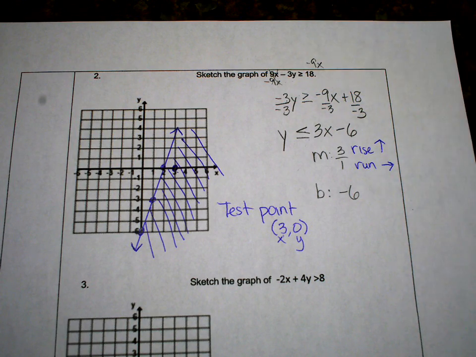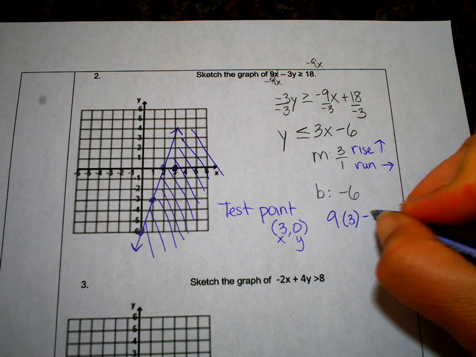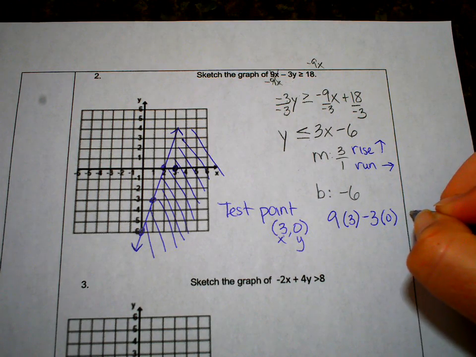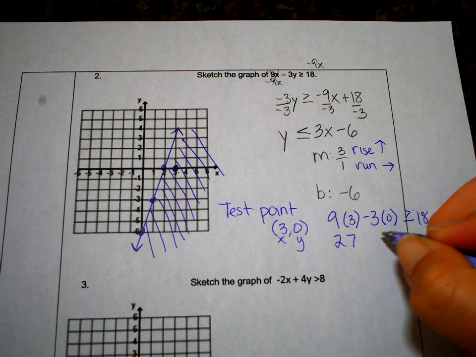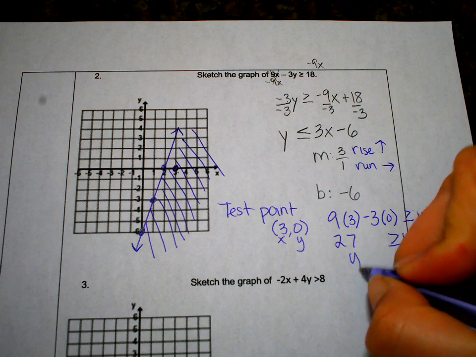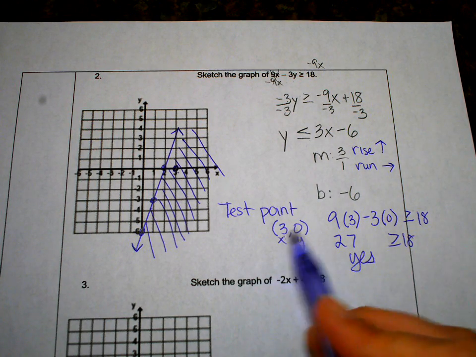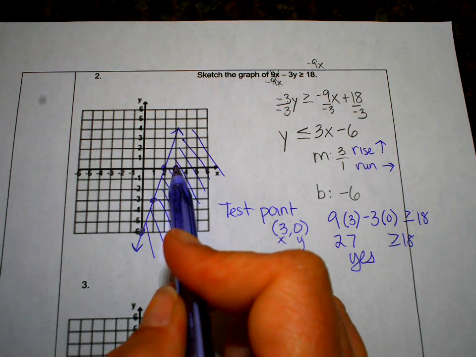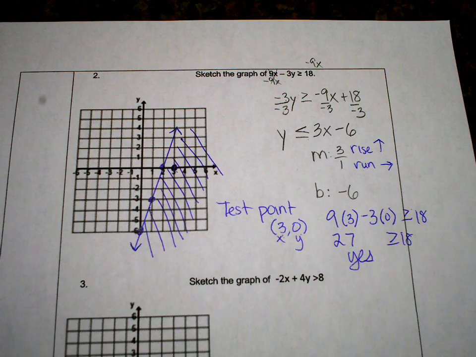And instead of y, I'm going to plug in 0. 9x, 3, minus 3y is greater than or equal to 18. 27 minus nothing is greater than or equal to 18. Is 27 bigger than 18? Yes, it is, which means that my 3, 0 point is a solution, and it should be shaded. All my solutions are in the shaded area.